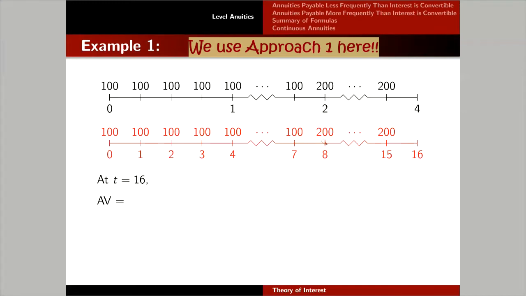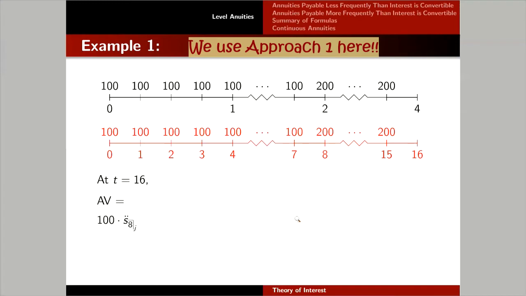You have to carry this value to time 16. How are you going to do that? You carry a single amount here to time 16, so you multiply it by 1 plus J raised to ilang periods ang dinaanan niya dito. 1 plus J raised to 8.